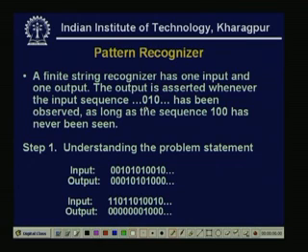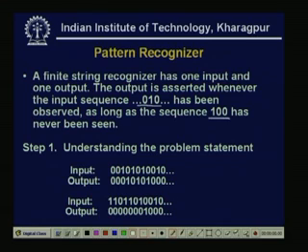So, my pattern to recognize is 0 1 0, and another condition we have imposed is that this holds as long as the sequence 1 0 0 has never been seen. If the string 1 0 0 is reached, then this condition is no more valid.